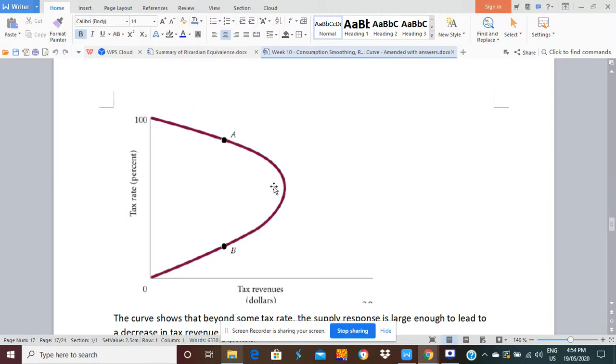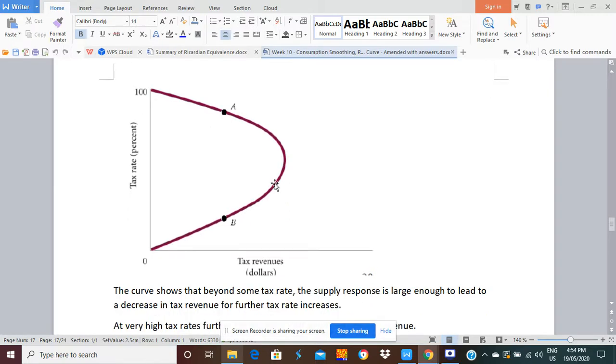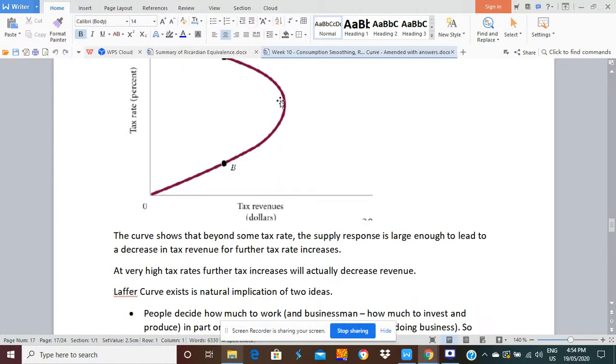People are saying this is the point, and the tax rate is 50%. So in some countries in Northern Europe, like Denmark, for high income individuals, the tax rate may be 60%.